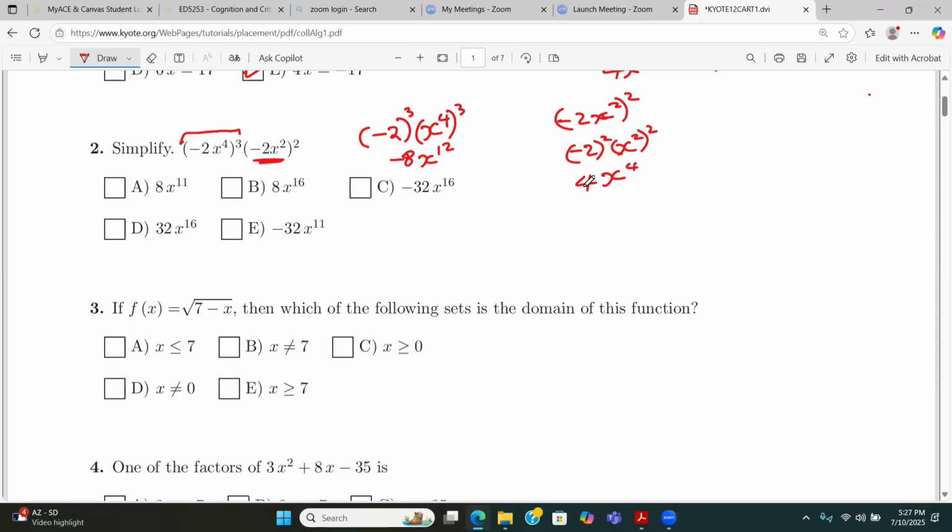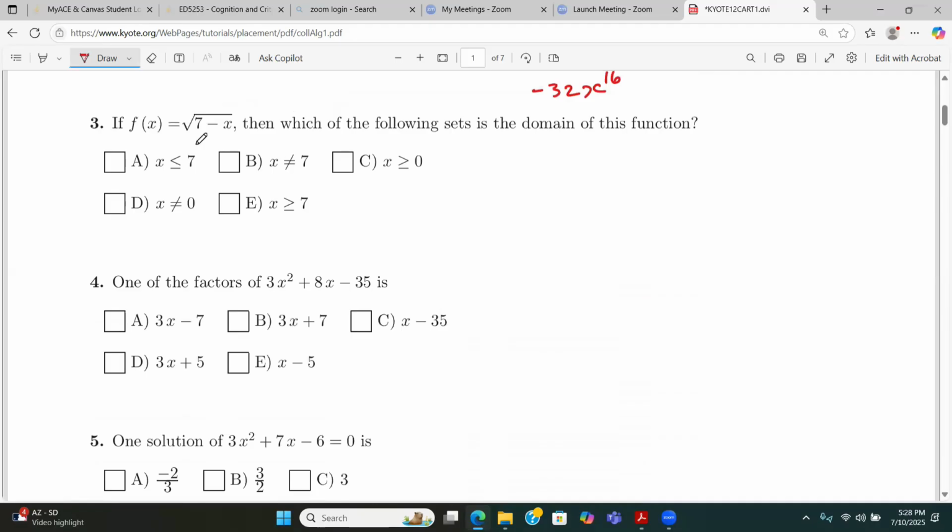So we have negative 8x^12 multiplied by 4x^4. Negative 8 times 4 is negative 32. And then x^12, when you multiply the same letters, you add their powers. So it's going to be negative 32x^16. We're looking for that, and it's right here.